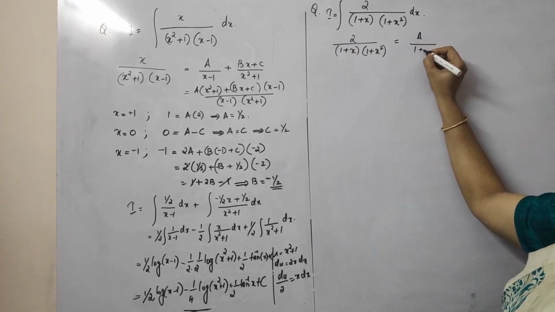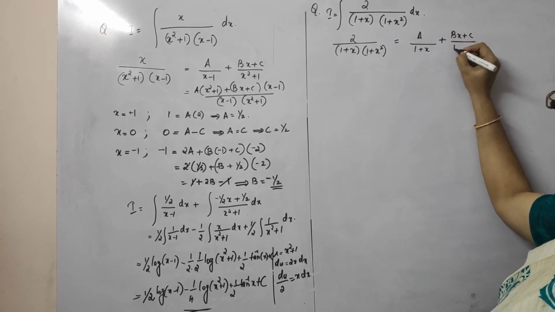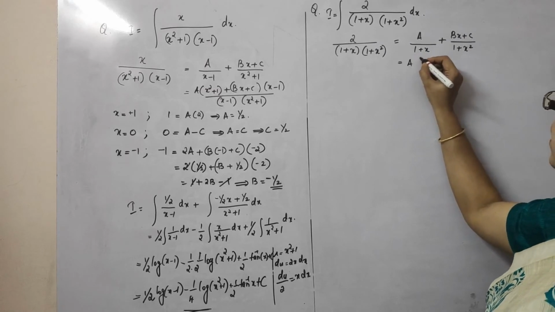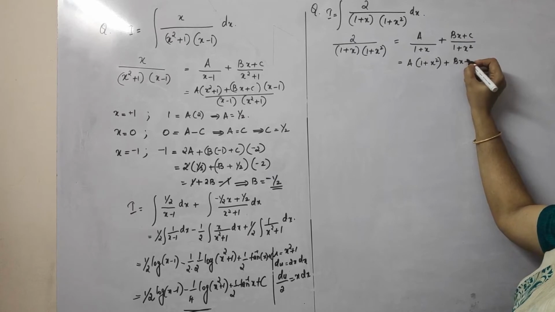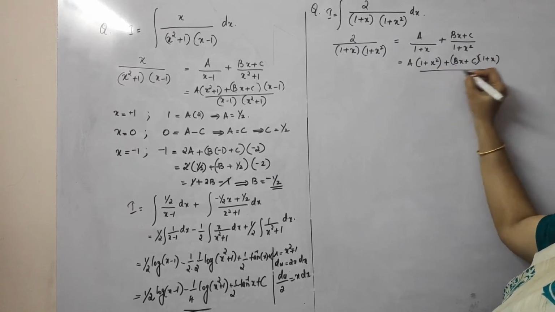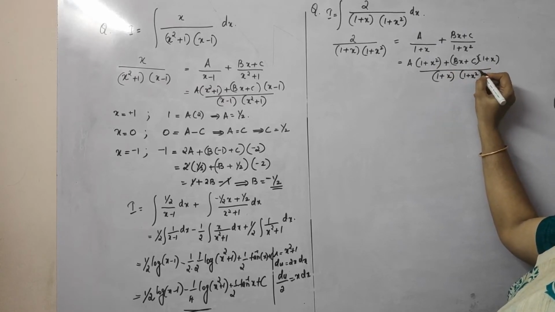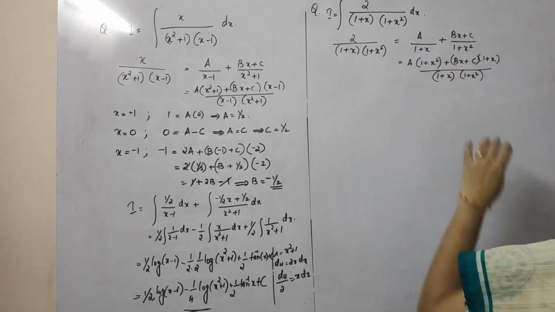That is a by 1 plus x plus bx plus c by 1 plus x square. Okay, so this becomes a into 1 plus x square plus bx plus c into 1 plus x, the whole divided by 1 plus x into 1 plus x square. So you see that the denominators on both sides are the same.